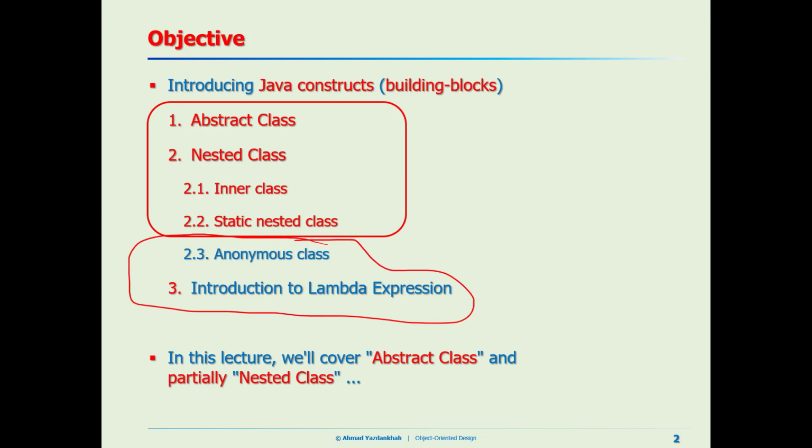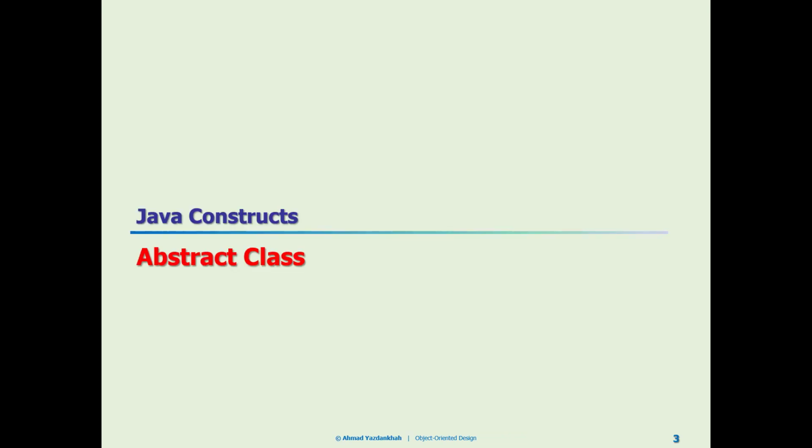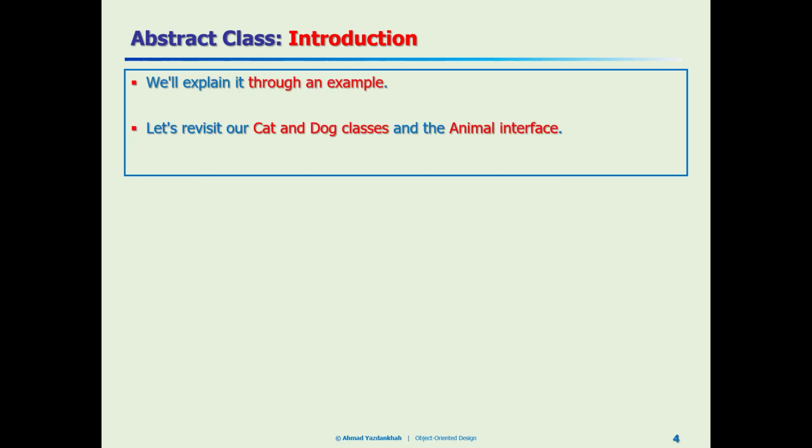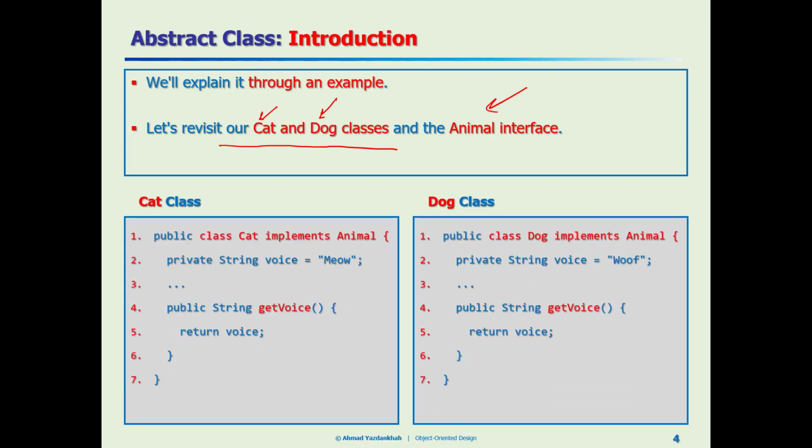Okay, now let's start with abstract class. What is abstract class? I'm going to explain the concept of the abstract class via an example. So we get back to our very familiar classes, dog and cat, and also the animal interface, which we introduced in the previous lecture.